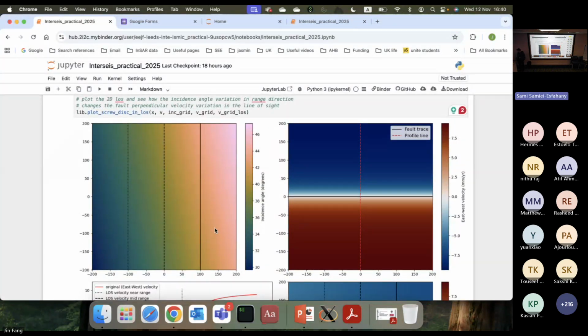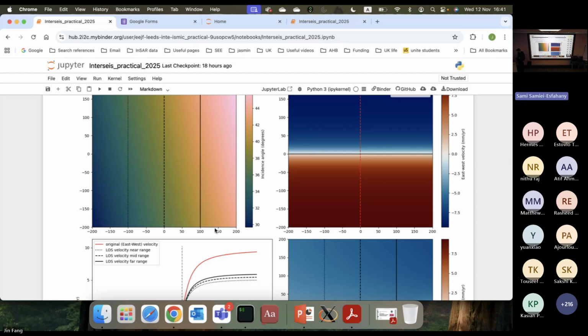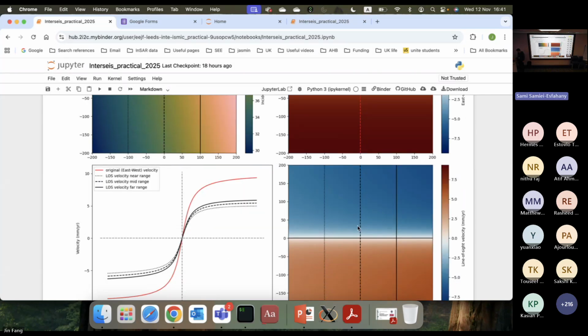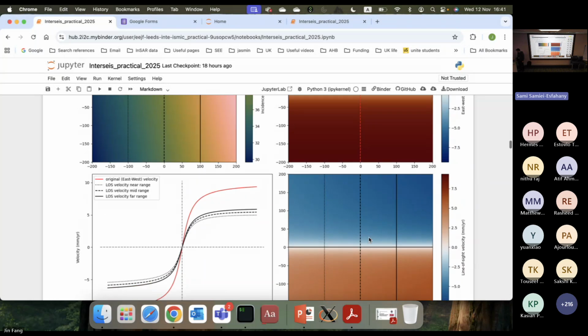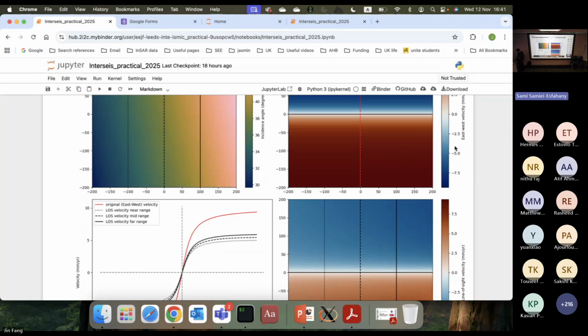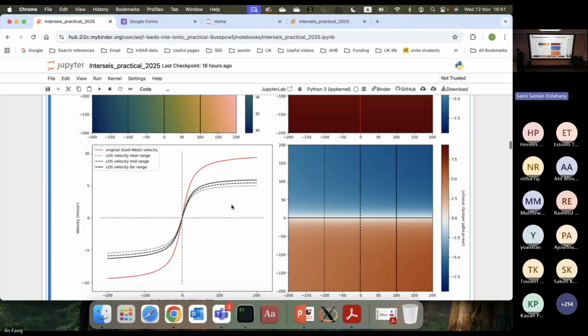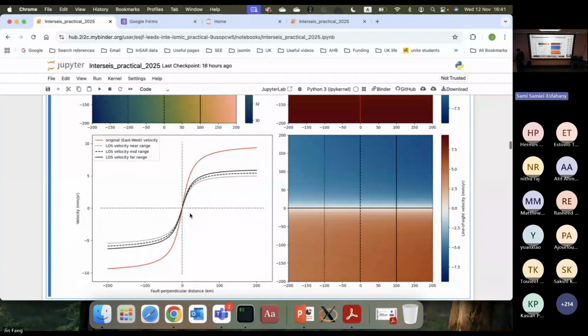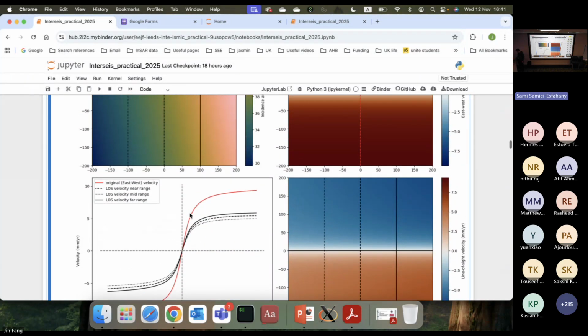So what we can see here is first the signal magnitude decreases compared to the east-west parallel velocities, and there is a slight change across the scene, for example from near range to far range.